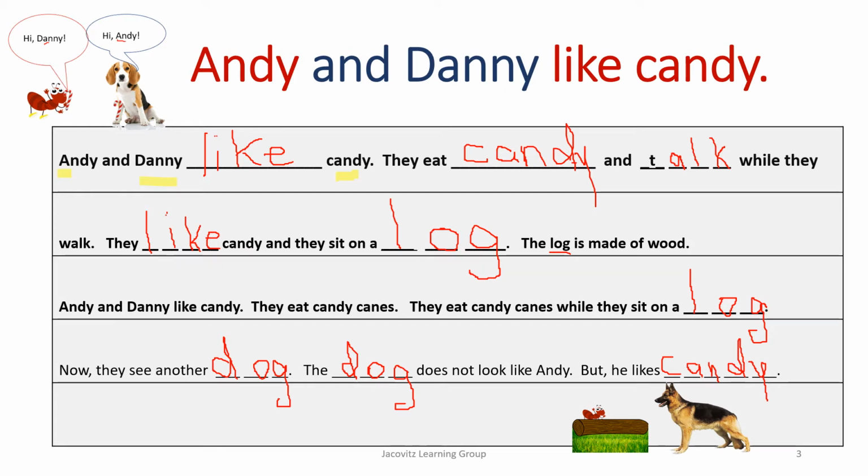They like candy and they sit on a log. The log is made of wood. Andy and Danny like candy. They eat candy canes while they sit on a log. Now they see another dog. The dog does not like Andy, but he likes candy.